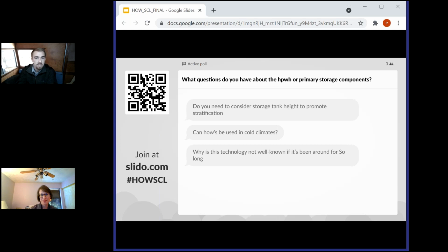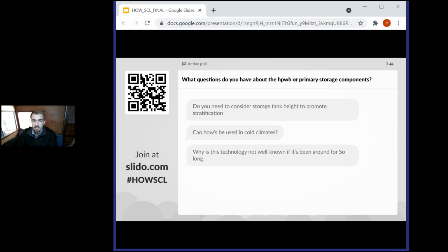Yeah, you do need to consider storage tank height to promote stratification. Sometimes you'll see horizontal storage tanks, which will not handle stratification as well because there's not enough height to handle the separation between hot and cold. That layer between hot and cold ends up being a pretty significant volume.